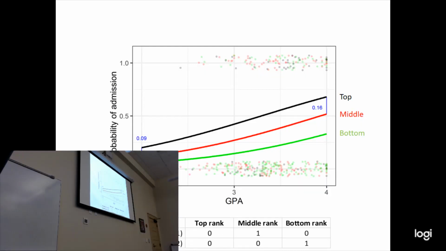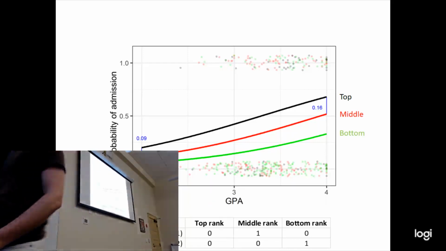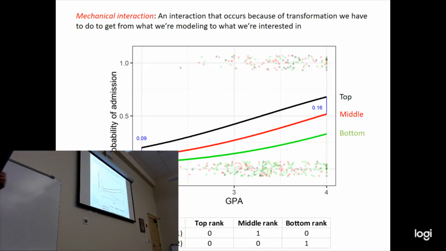So it seems like the fact that these 2 distances are different indicates the presence of an interaction. But I didn't fit an interactive model, I fit an additive model. So that's a little bit weird. This interaction that I didn't fit, but that's present in this graph anyway, is called a mechanical interaction.